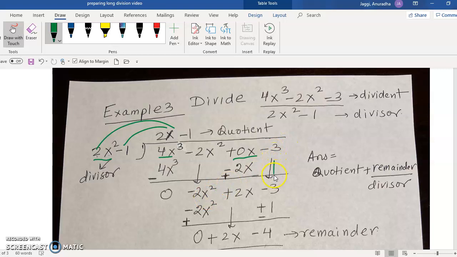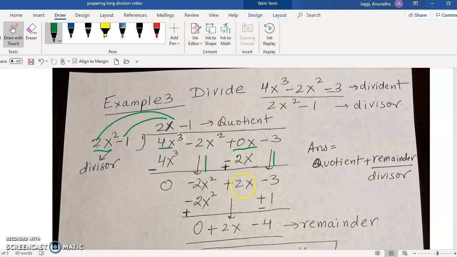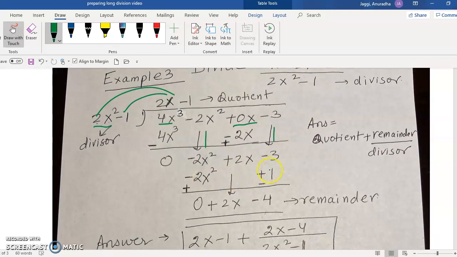Similarly, you copy down the 3 and you copy down the negative 2x square, because there's nothing to add and subtract to it. Now the higher of the two is negative 2x square. So you're going to make 2x square into negative 2x square. How do you do that? You multiply that by a negative 1.